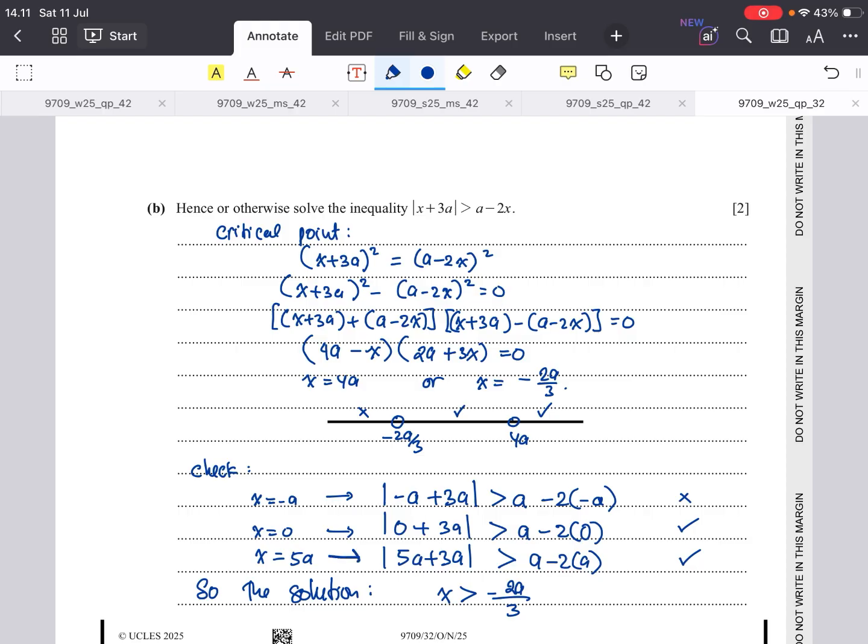So the inequality will be like this one. So this one is also correct. So the correct region will be there. This is the solution of this inequality. So the solution is x greater than negative 2a over 3.